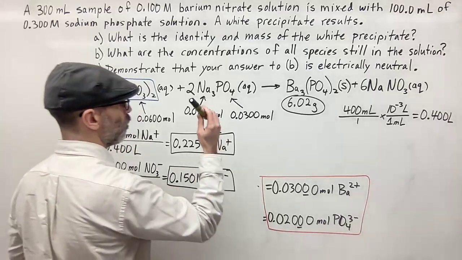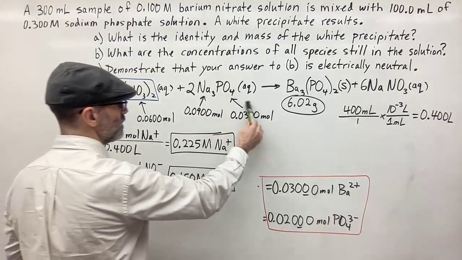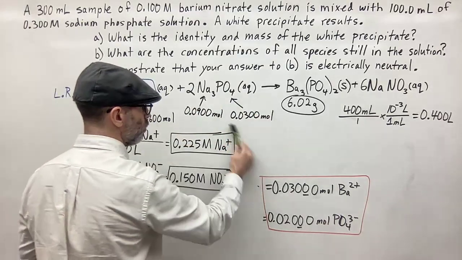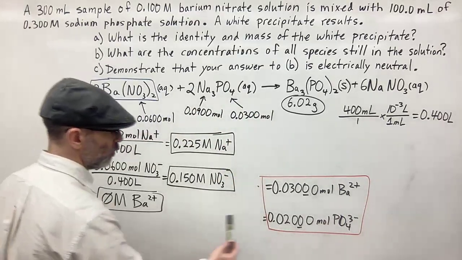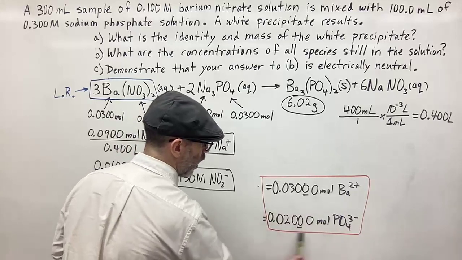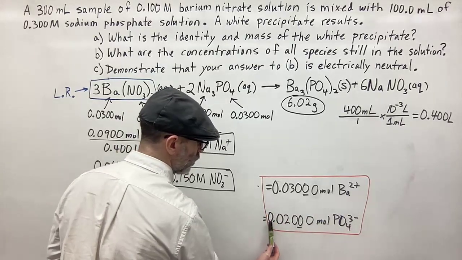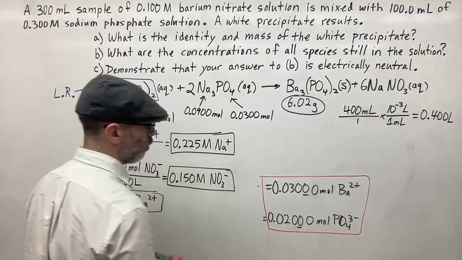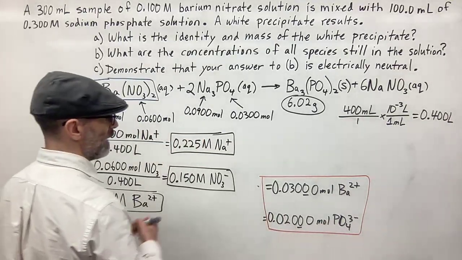And so for the phosphate, we started with 0.03 molar. And here we end up with, in our precipitate, 0.0200 moles. So we have to subtract that.